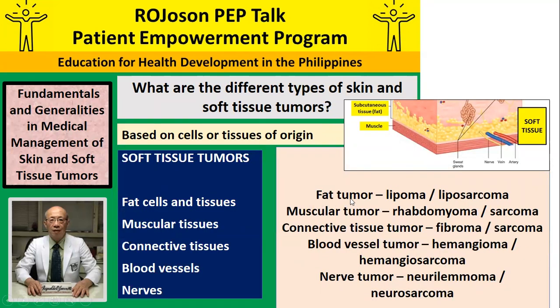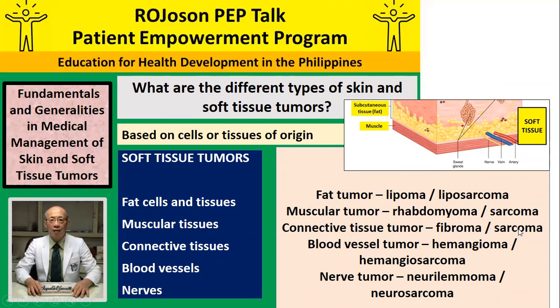Examples of fat tumors, those arising from the fat cells and tissues: lipoma, liposarcoma. Rhabdomyoma, which is a benign type, and rhabdomyosarcoma arising from the muscle.